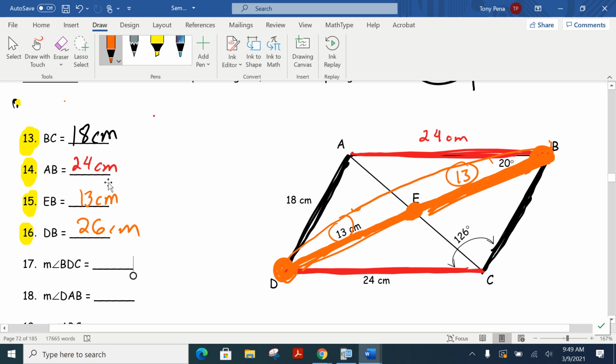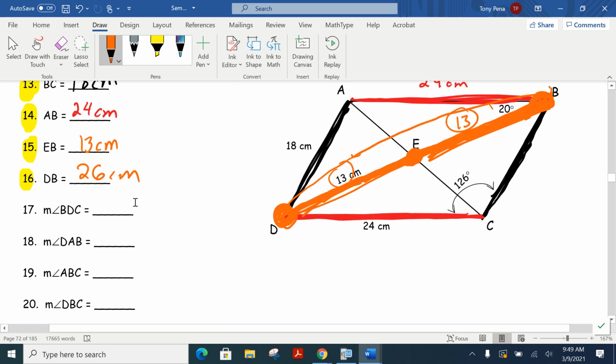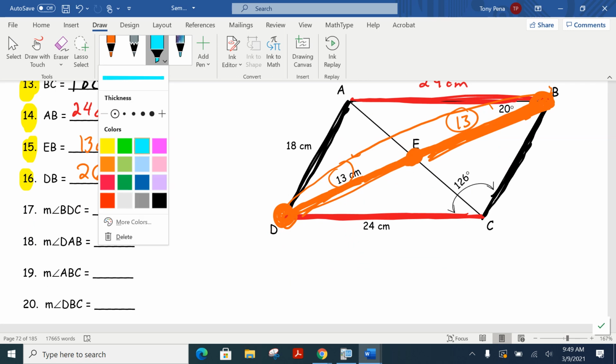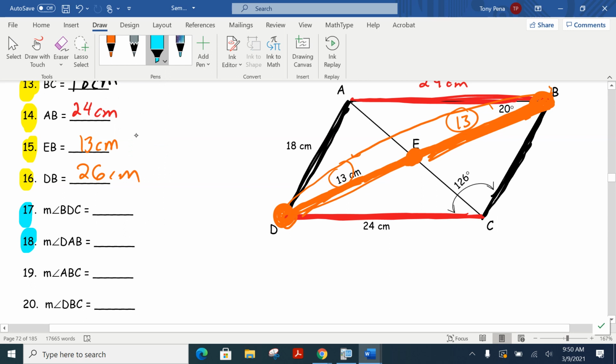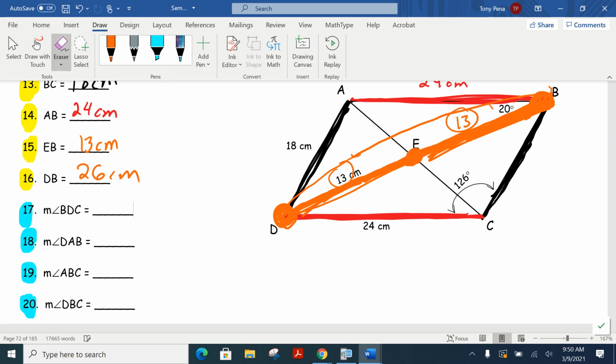All right, now the one I expect a little more issues with. Go through, I'll give you 2 minutes for this, see where we're at. Try 17, 18, 19, and 20 with all of our angles.